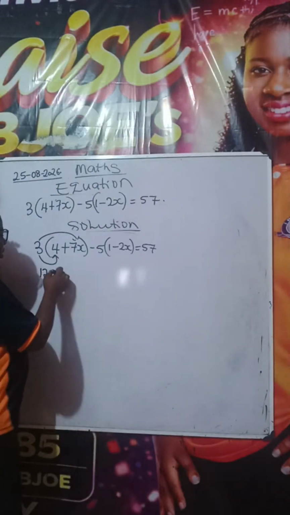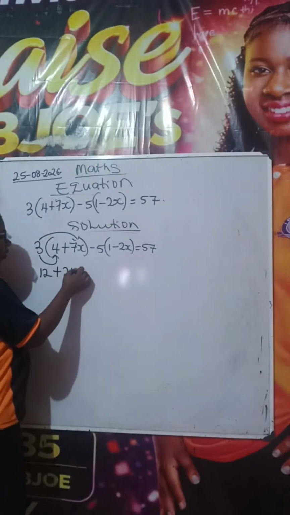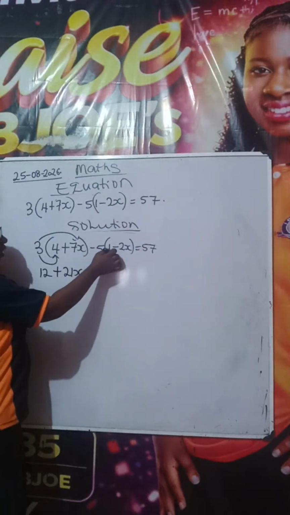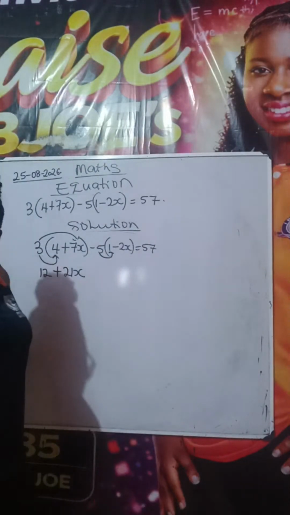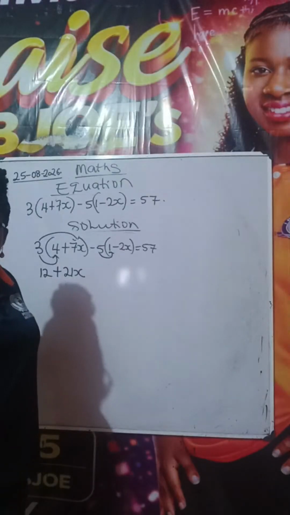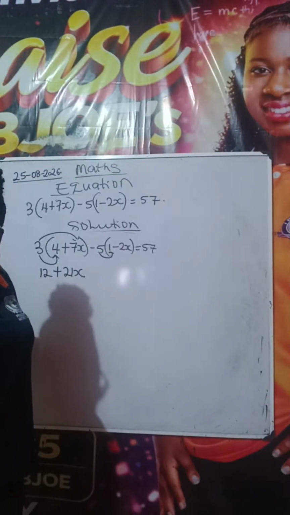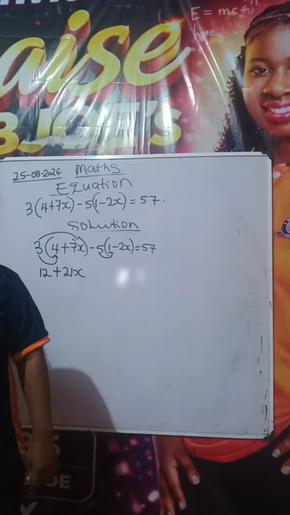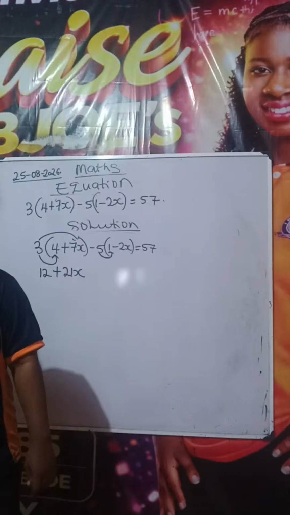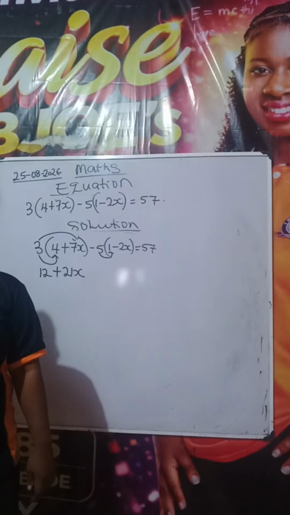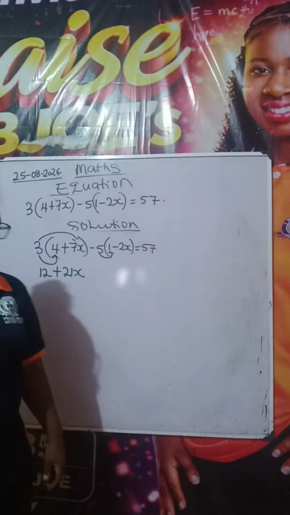Thank you very much. We have plus 21x, minus 5 times 1. We are going to open the second bracket. Minus 5 times 1, so we have minus 5.